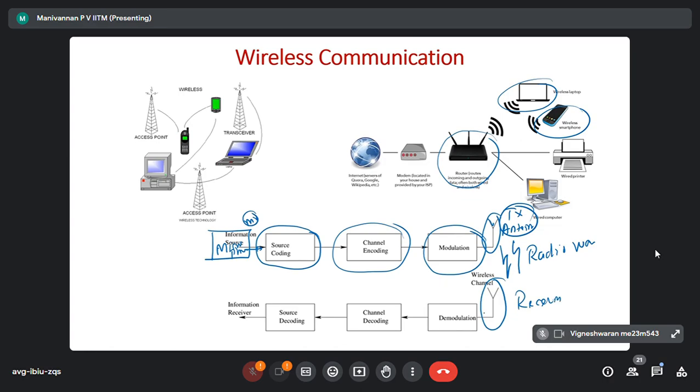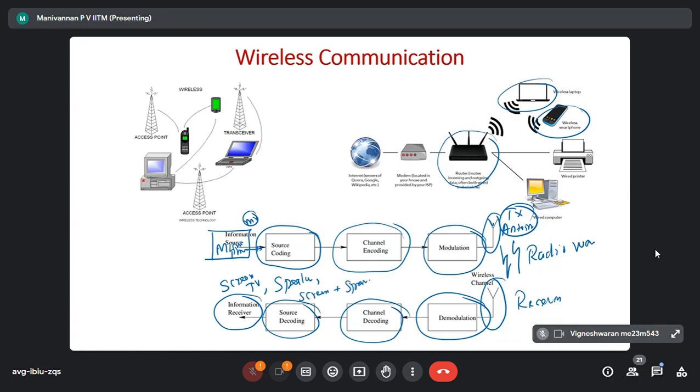This received data will be demodulated, and finally some decoding will be done. Finally, source decoding, and this information comes. It can go to a screen if it is a TV, or it can be a speaker if it is a radio, right? If it is a cell phone, a screen plus speaker, right? In cell phone, you have both. You are listening and also seeing, right?